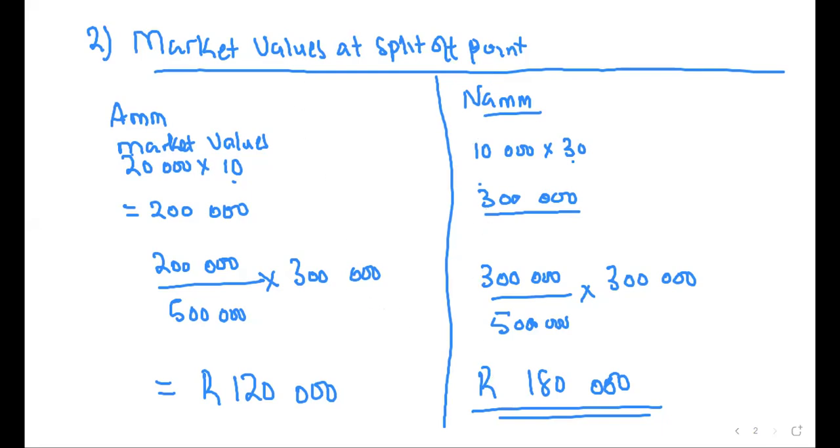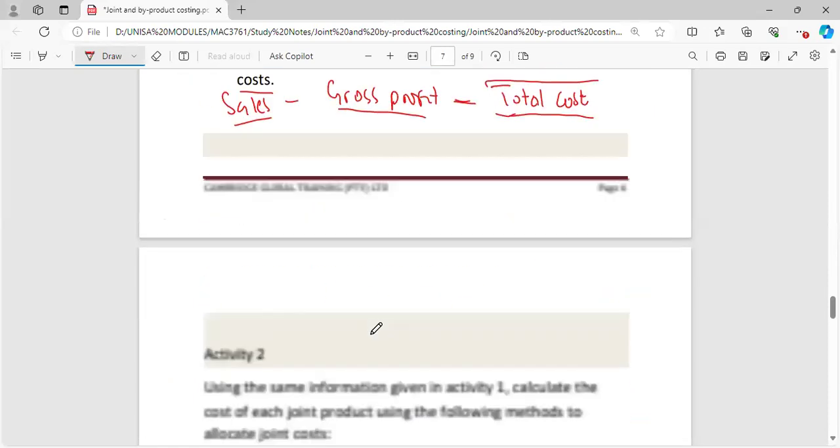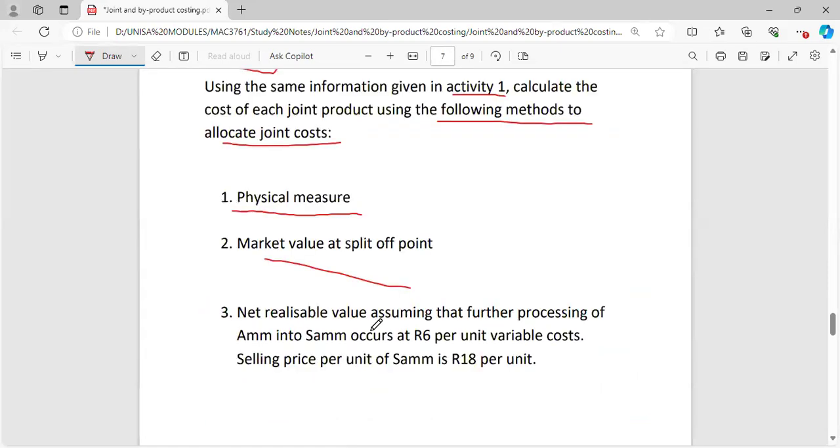Right. So let's look at another allocating method. They say number 3. They say the net realizable value, assuming that further processing of ARM into SUM occurs at 6 Rand per unit.